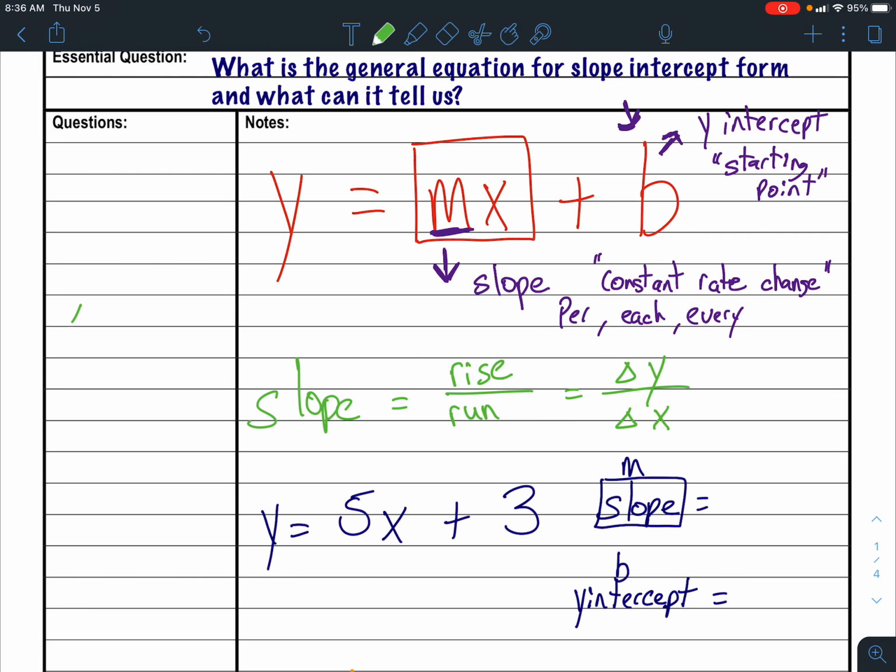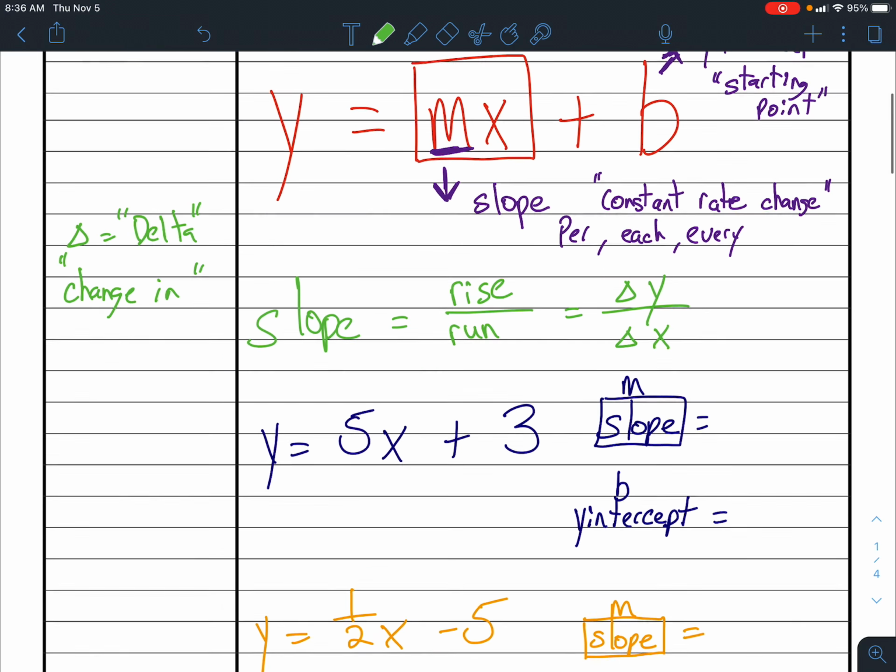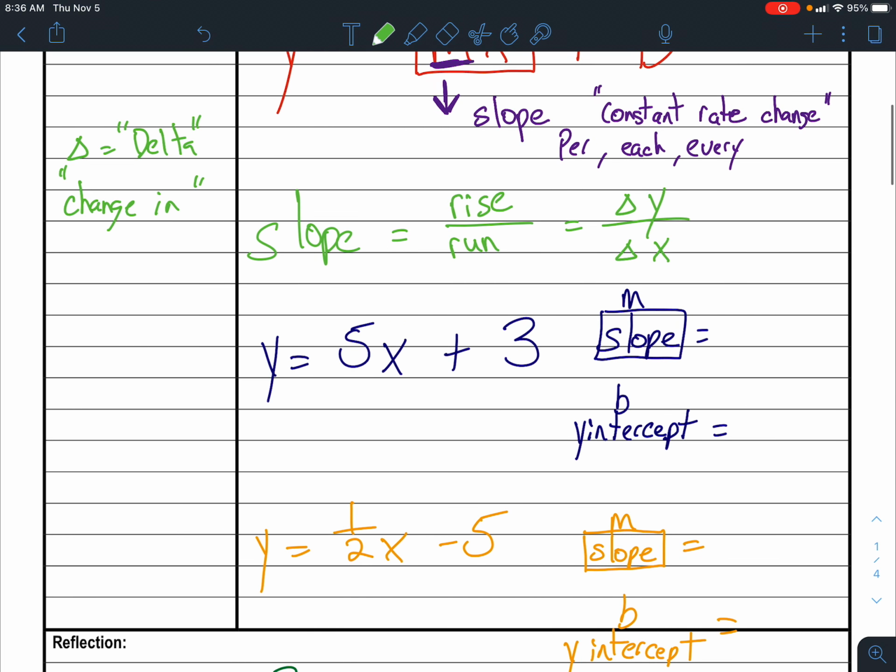So the little triangle, which we're going to call delta, can be substituted for your change in. So if I say the change in y over the change in x, so how much does y change over how much does x change? We're going to go into this much more in the upcoming days. Today we're just focusing on the equation.